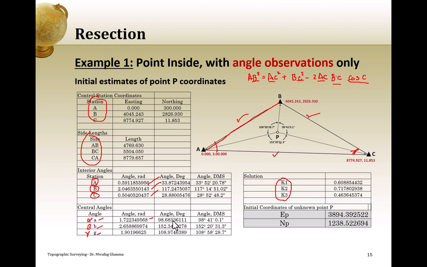This is the amount of the angle in degrees, minutes, seconds, and in radians. Then we calculate K1, K2, K3, and substitute in the formulas for the easting and northing of the point P, which is unknown. So this is the solution using the triangle solution method, and we can take the same numbers and use them as the initial estimates for the least squares method.